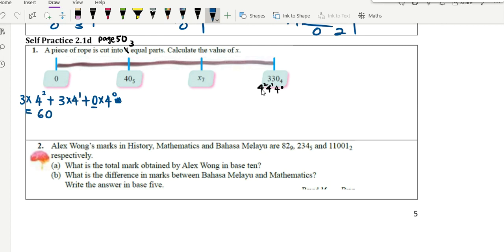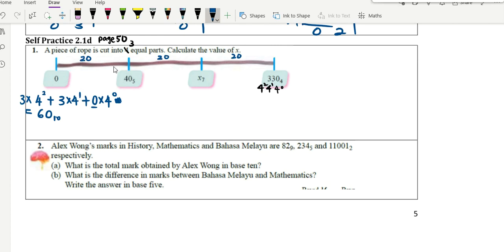You will get 60 base 10. So actually this rope here is 60 cm. You want to divide it into 3 equal parts, so 60 divided by 3. Each part is 20, 20, 20 here, right? Okay. Meaning that this 40 base 5 is actually 20 base 10.